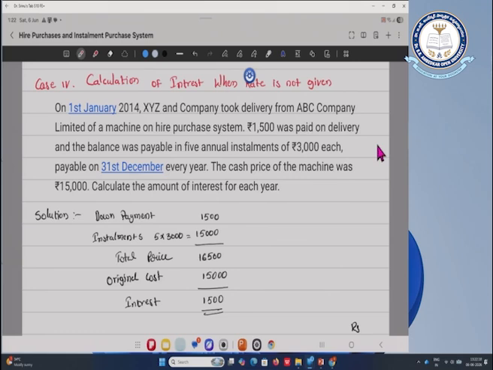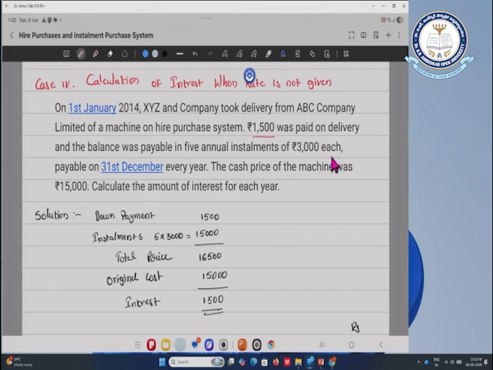I will explain using this problem. On 1st January 2004, XYZ and Company took delivery from ABC Company Limited under the hire purchase system. 1,500 was paid on delivery, which is nothing but a down payment, and the balance was payable in 5 annual installments of 3,000 each.